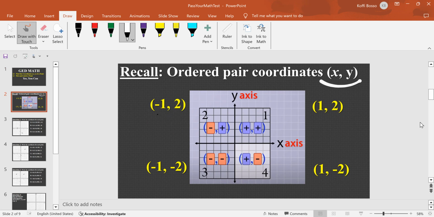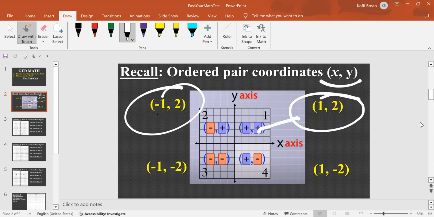So as an example, you have this xy coordinate chart here. Every time you have two positive values in the parentheses, that means it has to be in this quadrant. We call it quadrant 1. In quadrant 1, both values are positive. In quadrant 2, the x value, which is the first one, will be negative, but the second one will be positive.